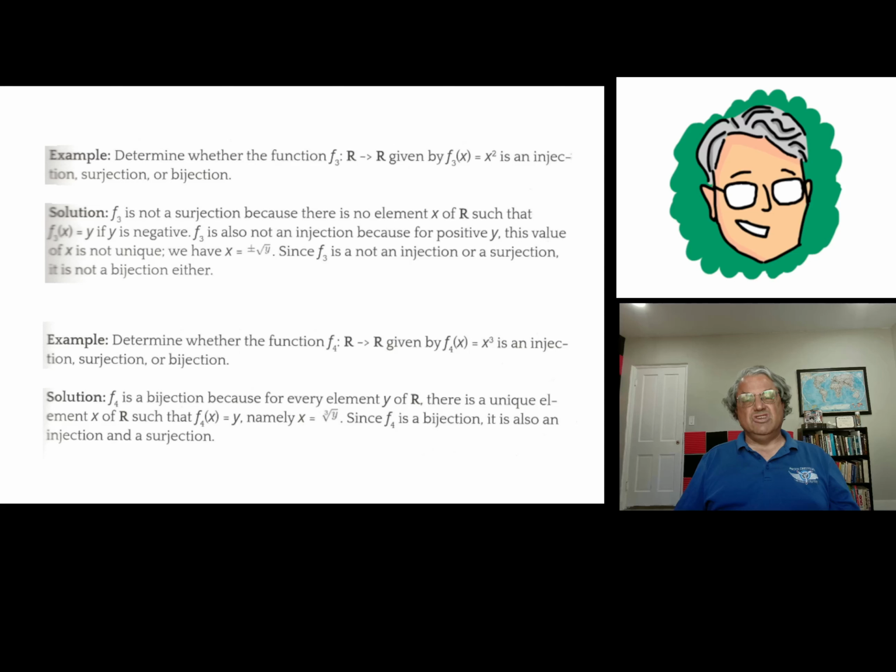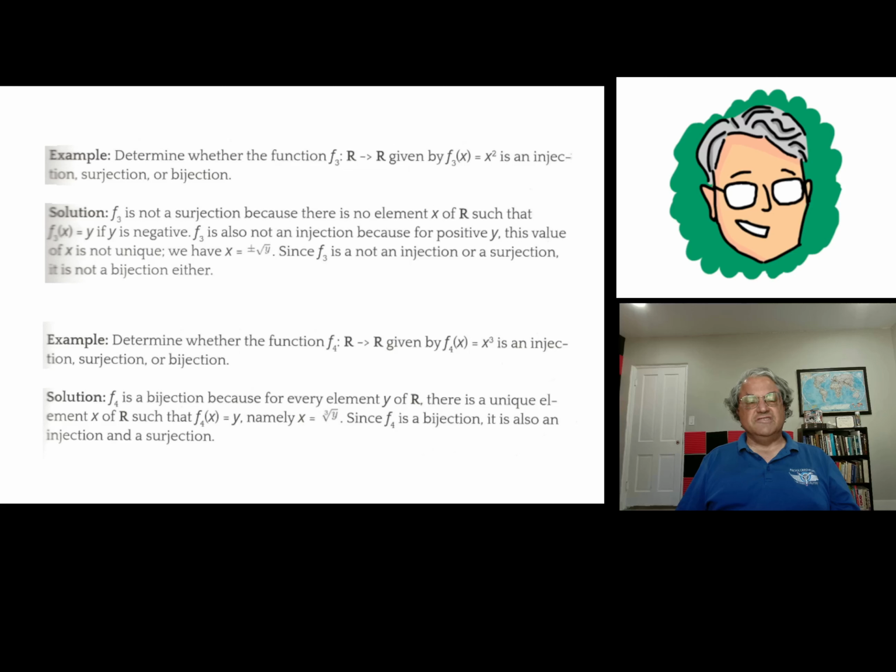I think I should mention that this is part of a general pattern. Example 3 was squaring, example 4 was cubing. If we did nth powers, where n is an arbitrary positive integer, it turns out that if n is even, then it's none of these things. It's not an injection or a surjection, and therefore not a bijection, for the same reason the square isn't, because only the positive values get mapped.